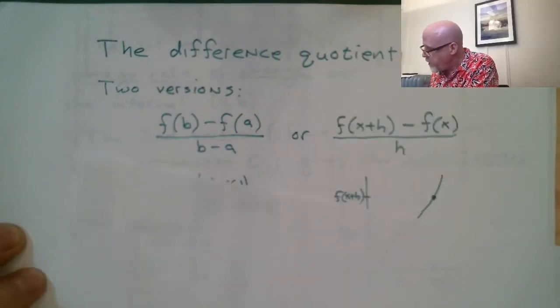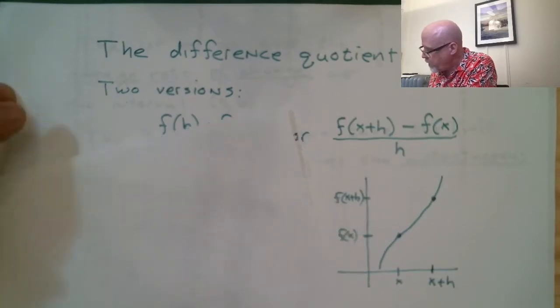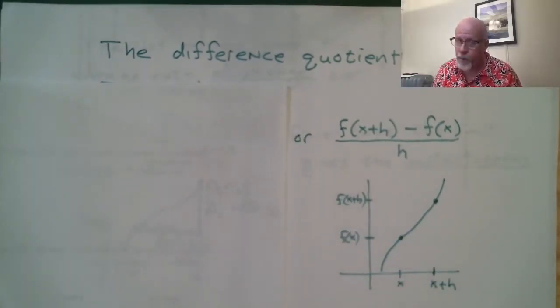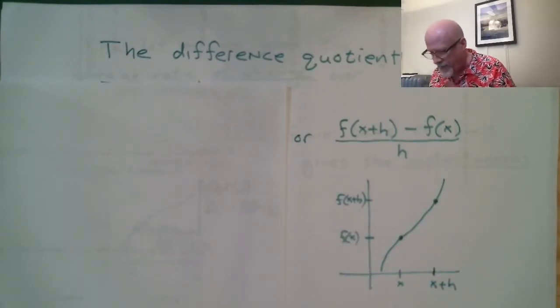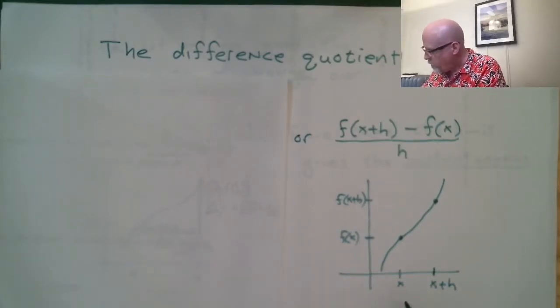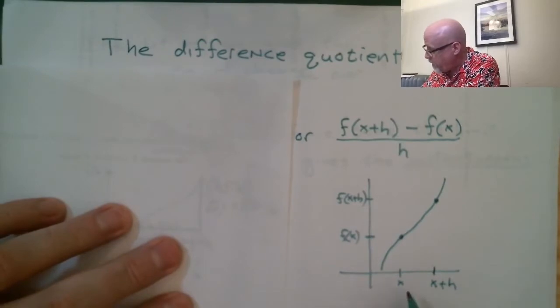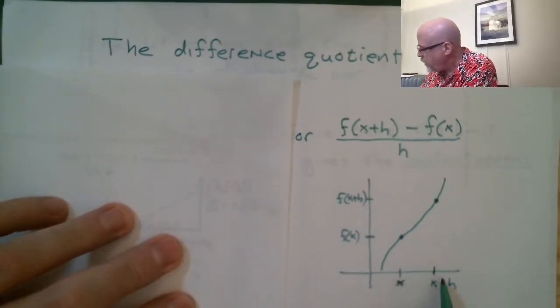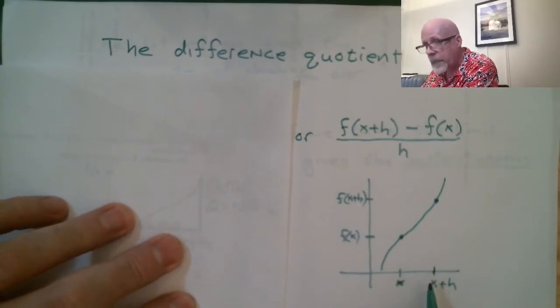Now, the second version of the difference quotient that I'm going to show you, we play the same game, but with different names for the two things. It's only different in the sense of what it emphasizes. Think about x as being an arbitrary position along the curve. x is a particular spot on the x-axis. x plus h is a particular spot that's a little bit farther down the x-axis.